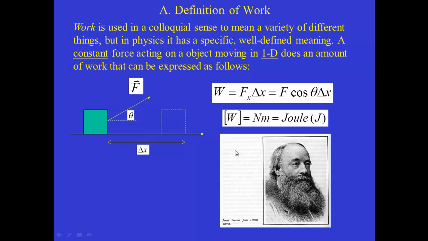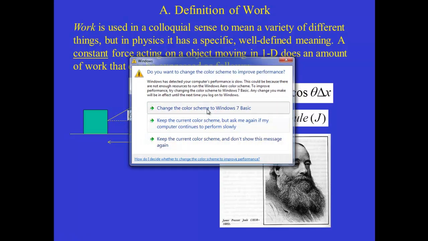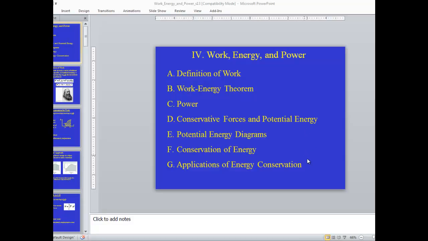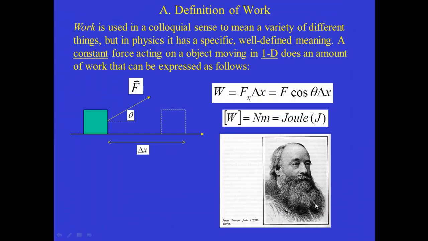It's named after James Prescott Joule, who was a British scientist in the 1800s, in the 19th century, and he was one of the first people to do experiments that showed clear evidence for the equivalency between heat and work. And so heat and energy were not always regarded as being different manifestations of the same thing. Joule is the person responsible for showing that experimentally.